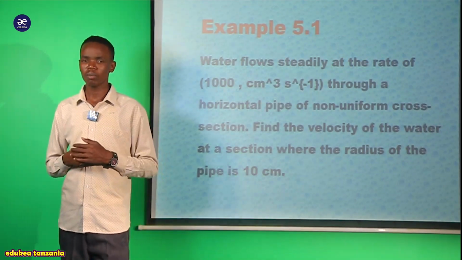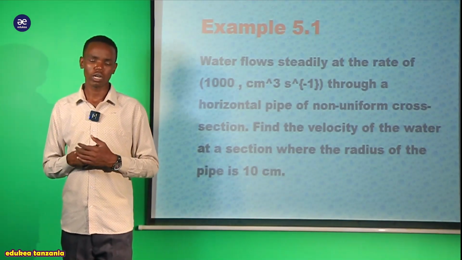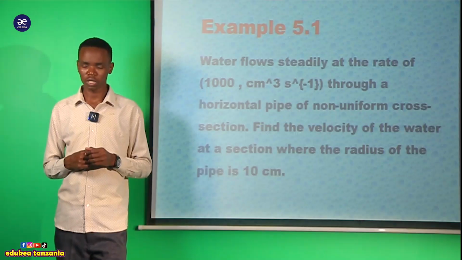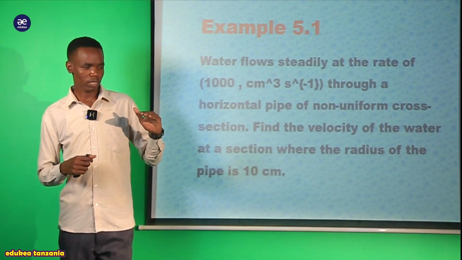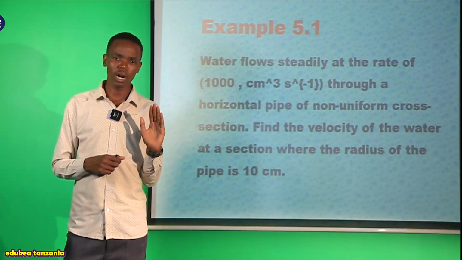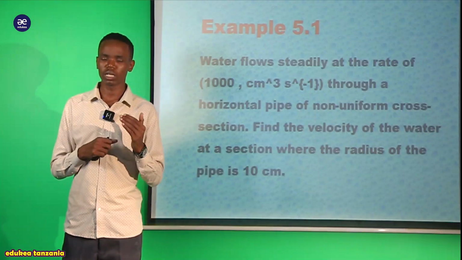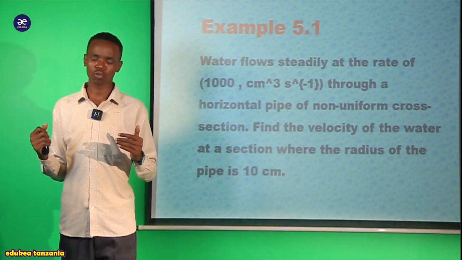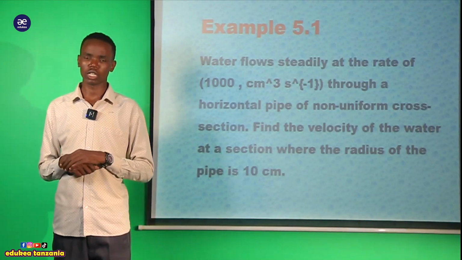And we tried to demonstrate the formula of mass continuity. We say that density 1 A1 V1 must be equal to density 2 A2 V2. This A2 means the second cross-section area.